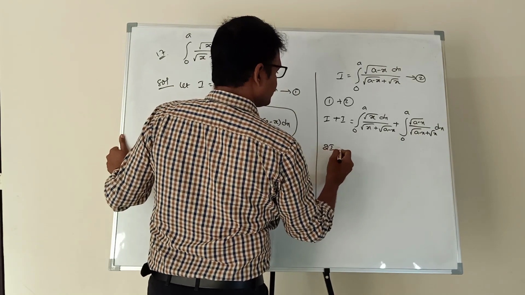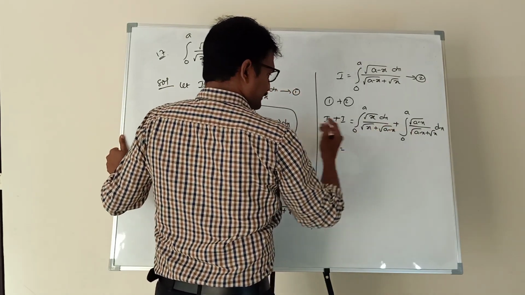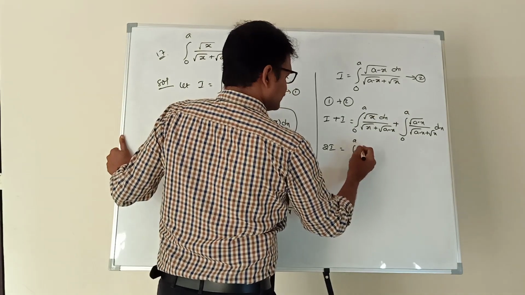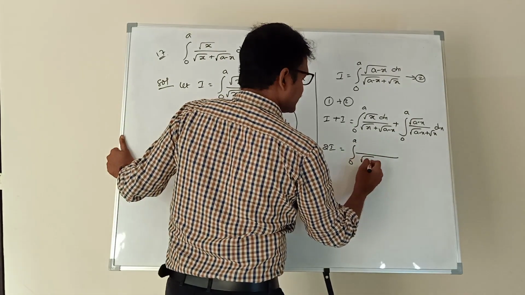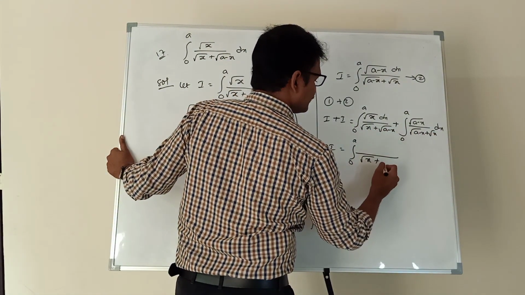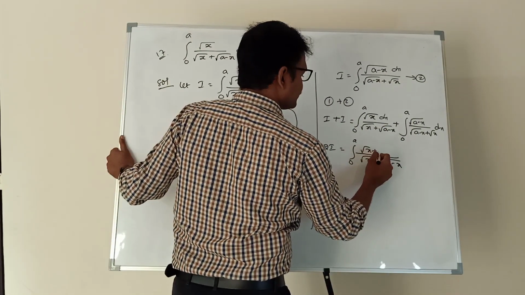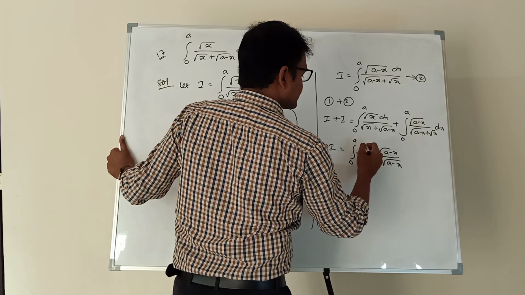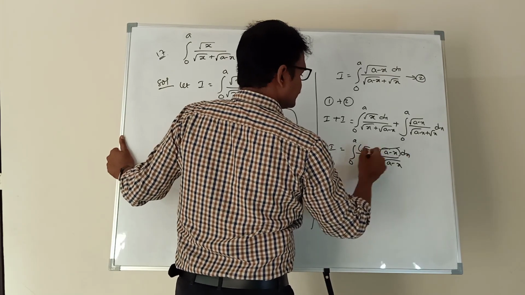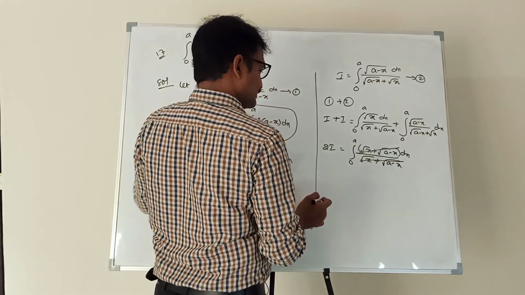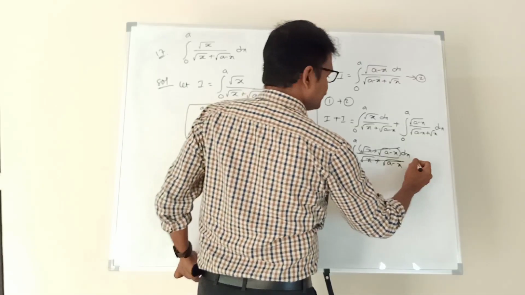So I plus I is equal to 2I. If you take 0 to a common, then the LCM is root x plus root of a minus x. Then the numerator is root x plus root of a minus x into dx. Root x plus root a minus x, root x plus root a minus x gets cancelled.